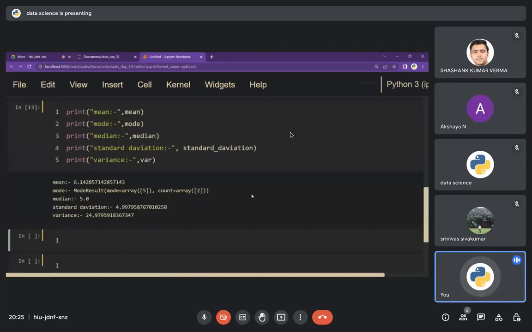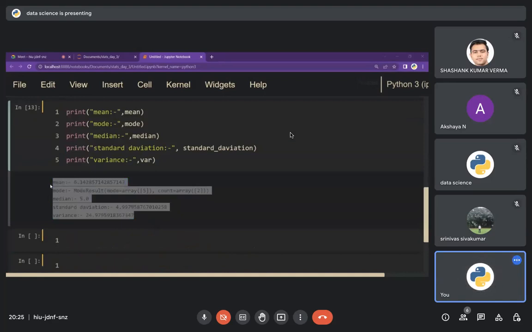Now see, we have all the results in one go. We were struggling a lot in the last session to get these results. Now we have everything. Does it make sense, guys? Any doubt? Yes, sir. Cool. So all the doubts regarding central tendency and measures of dispersion have been cleared. Any doubt? No doubt. Okay.